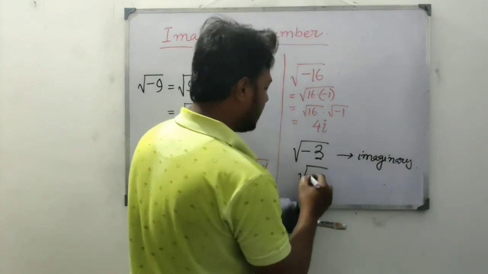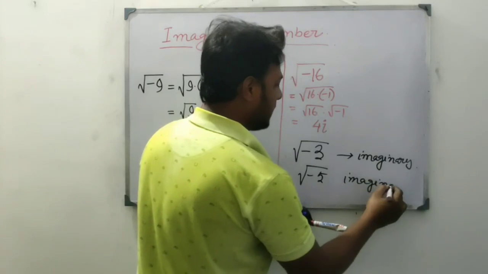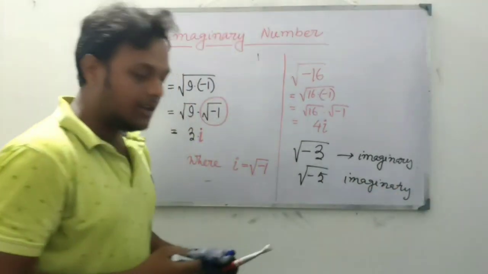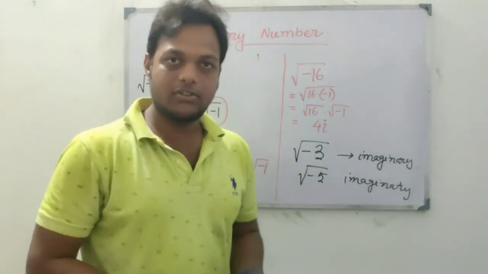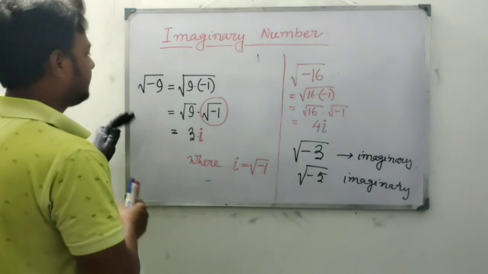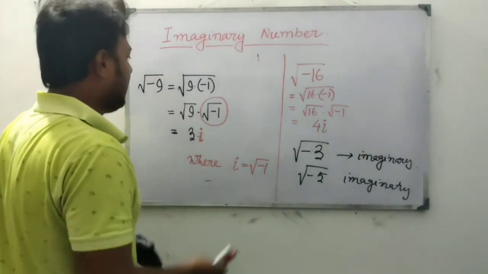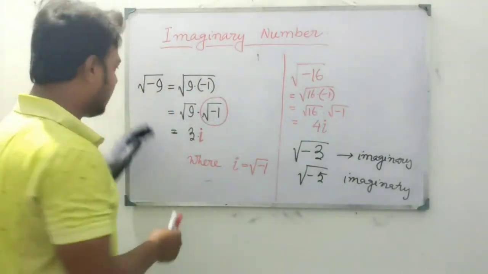Root over minus 5, imaginary number. That means if a negative number is inside the root, then that number must be imaginary. Is it clear to you? So I am writing that part. Write it in detail so that you can note down all this information, if you are highly interested.